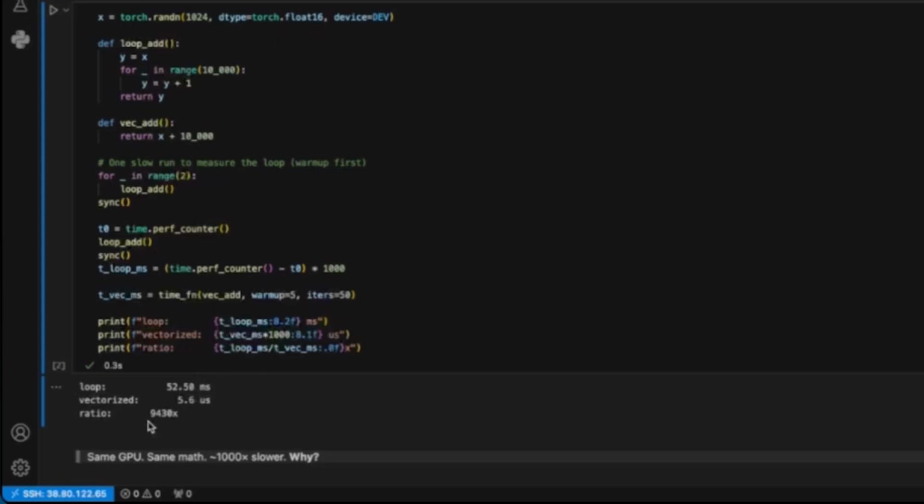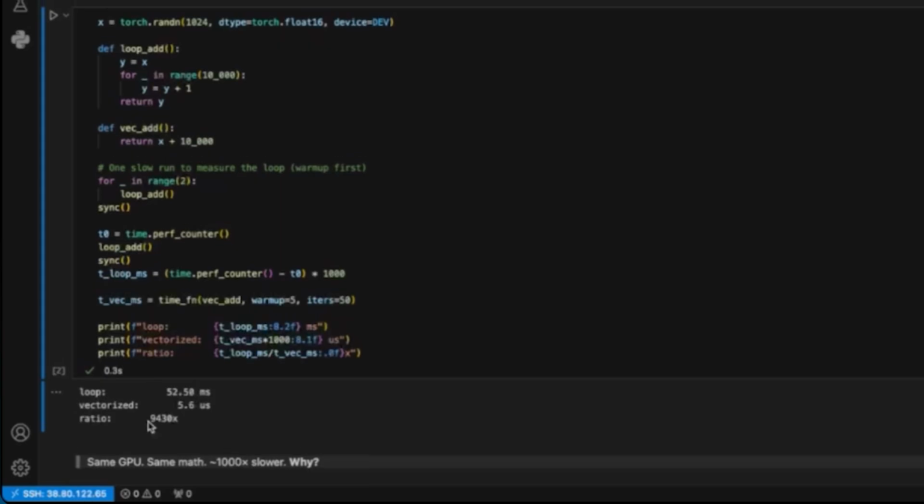We have the same GPU here, which is an H100. We have the same math. So why is one several orders of magnitude slower than the other? That's very weird, in my opinion. You probably have heard people say that, okay, maybe it's faster because this operation is vectorized, but that's not really an answer.